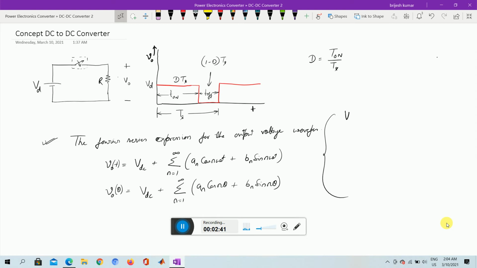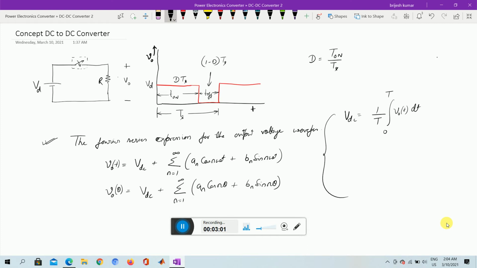Here VDC is nothing but 1 by 2 pi. If we are using t, we will write the expression of VDC as 1 by T integration from 0 to T of V0(t) dt.